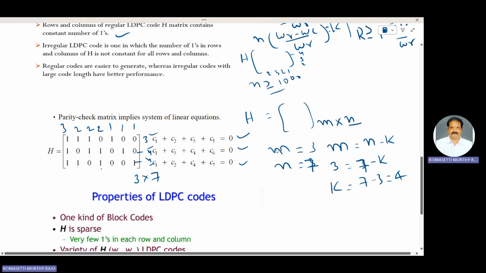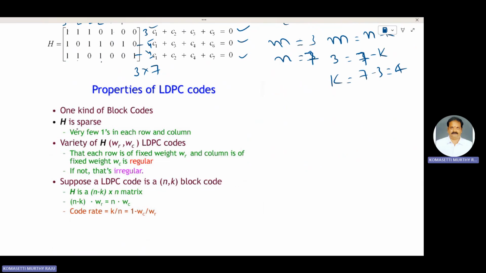Next, properties of LDPC codes. Once again, I will explain. H is sparse. Sparse means very few ones in each row and each column. The parity check matrix of LDPC codes contains many more zeros than ones. H is a (WR, WC) LDPC code, where each row is of fixed weight WR, for example 4, 4, 4, 4.